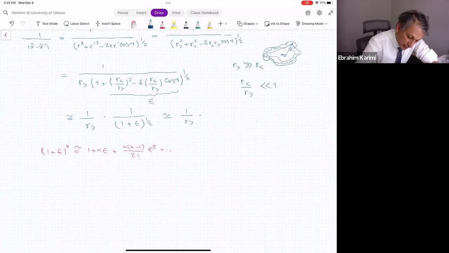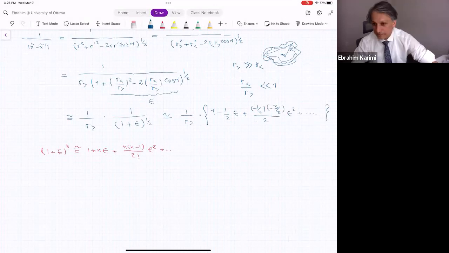So indeed, that will be 1 minus 1/2 of epsilon, plus minus 1/2 times minus 3 divided by 2, epsilon to the power of 2, plus the other terms. Is that right? Okay. The previous one that I had done was for the exponential.